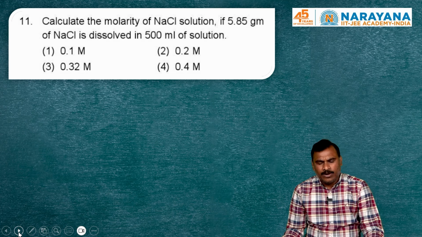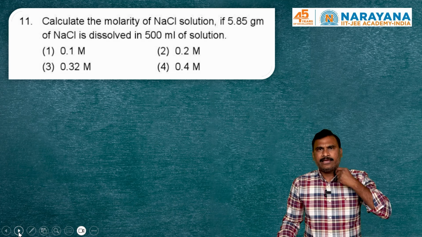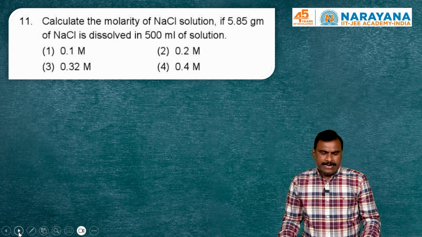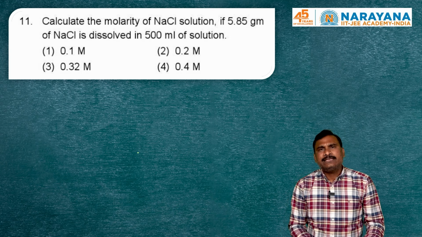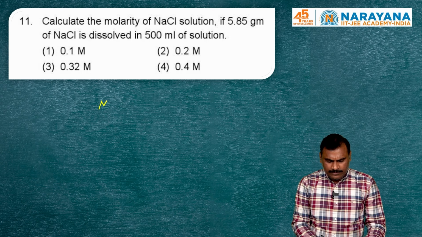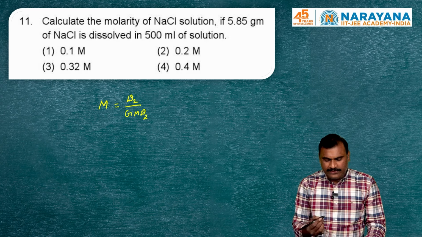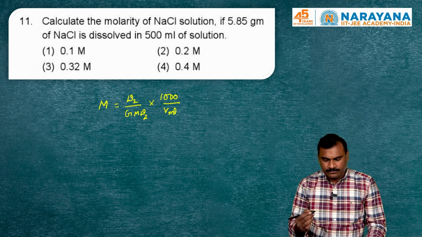Calculate the molarity of NaCl if 5.85 gram of NaCl is dissolved in 500 ml of solution. It is a basic formula. Molarity is equal to weight of the solute in gram divided by gram molecular weight of the solute, into 1000 by V in milliliter.